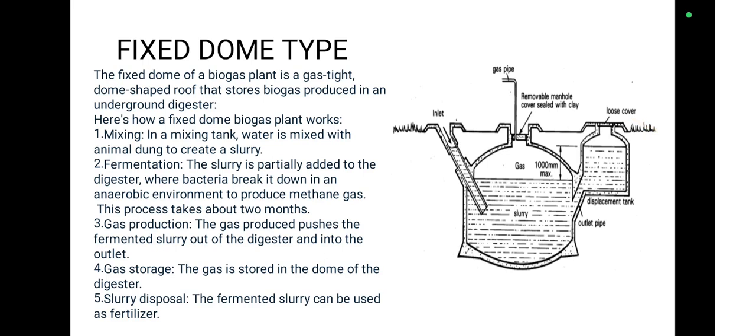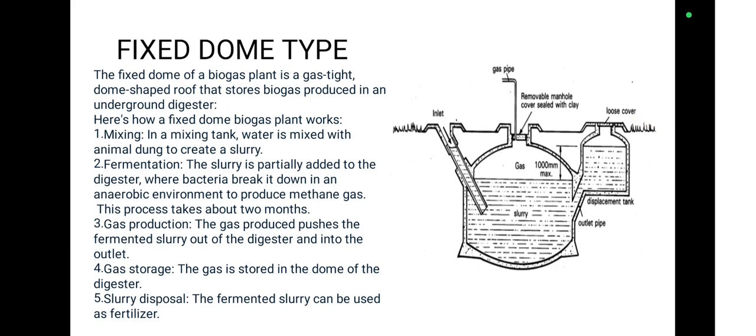The next type of biogas plant is the fixed dome type. The fixed dome type biogas plant is shown in the figure. In the previous case, we discussed the floating type biogas plant, where the floating gas holder floats over the digester chamber, whereas in the fixed dome type, the dome is permanently fixed under the ground.